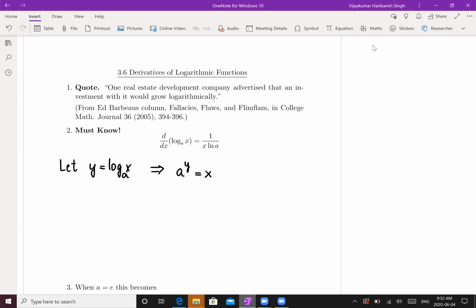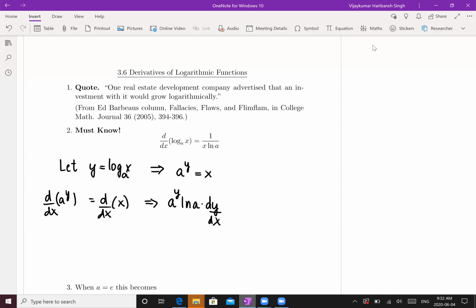Now we already know the derivative of the exponential function. So take the derivative with respect to x on both sides. So d by dx of a to the power y is d by dx of x. Now, the derivative of a to the power y is a to the power y ln a multiplied by dy by dx.